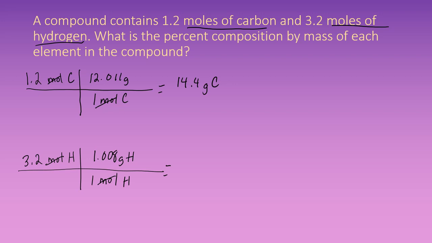And that results in about 3.22 grams of hydrogen in our sample. This time we can assume that all of the grams are in the sample, so we can add 14.4 and 3.22, and see that there is approximately 17.62 total grams.